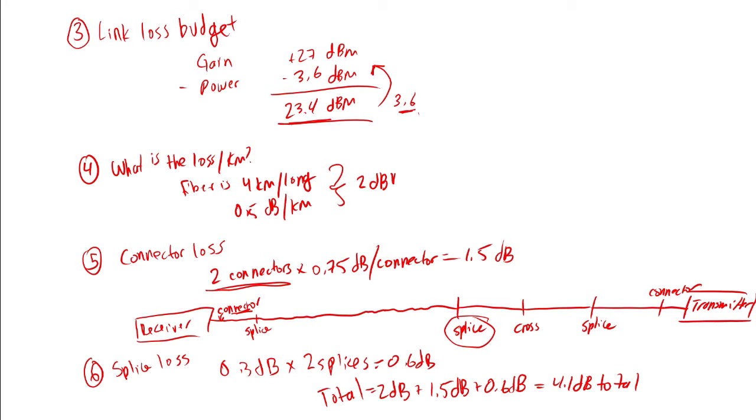So we're doing pretty well here because we've got 24.3, 23.4, right? 23.4 dB budget. And then 4.1 dB physical loss.